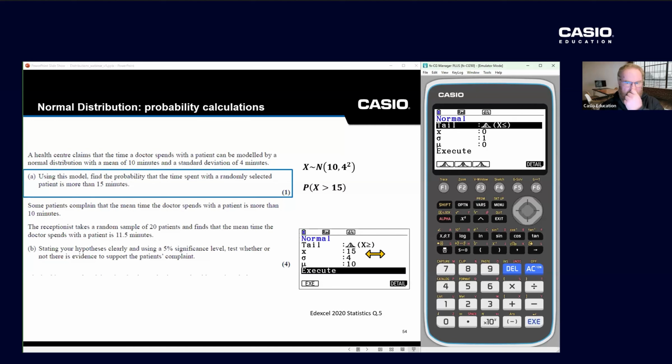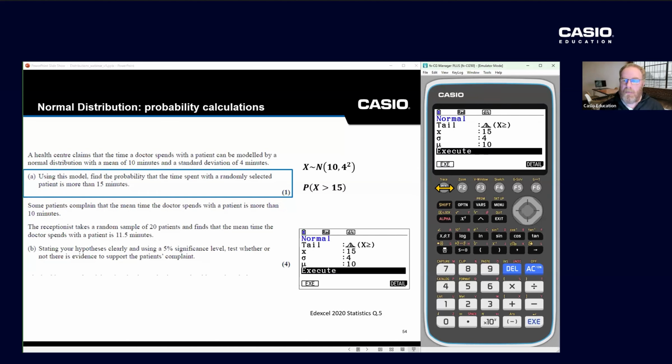What we want to do is choose the correct region. So this is a right-hand side probability. No parameters saved. Notice we've got the standard normal, so sigma is 1, mu is 0. X needs to be 15. Enter sigma first, which is 4, and then mu.